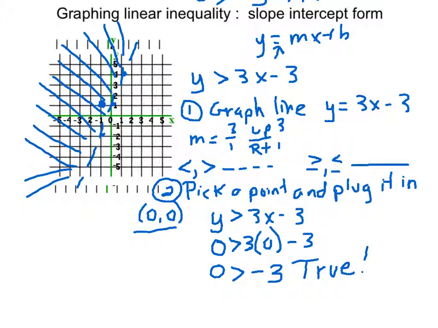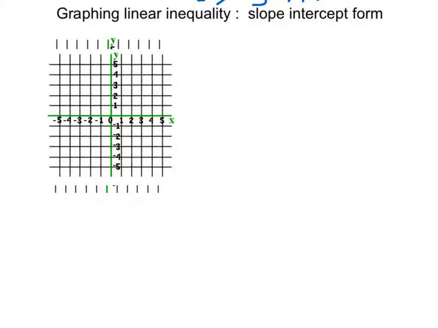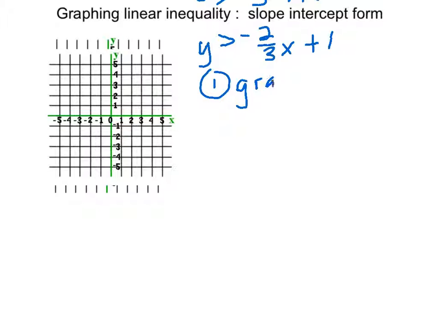Alright, for our second example, let's use y is greater than -2/3 x plus 1. Again, first step we need to do is graph the line, and it's y equals -2/3 x plus 1.